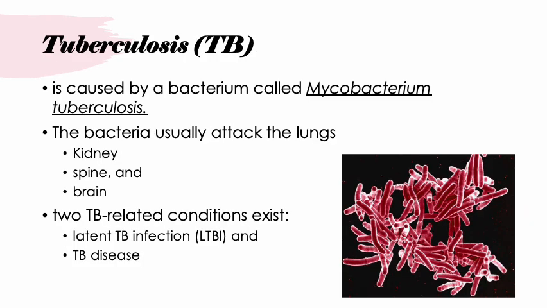Tuberculosis is caused by a bacterium called Mycobacterium tuberculosis. The bacteria usually attack the lungs, and can also attack other organs such as your kidney, spine, and the brain. Two TB-related conditions exist: latent TB infection and TB disease.